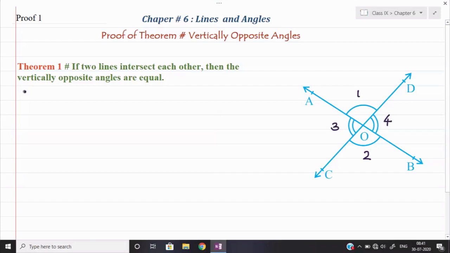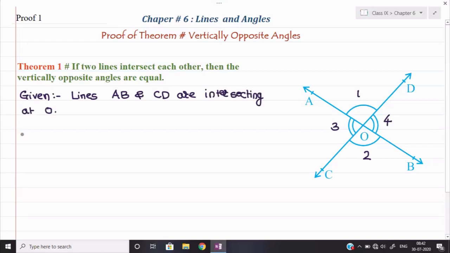Now let us see. First, write down the given things in this question. I should say, actually it is a theorem. Given: lines AB and CD are intersecting at O. Now, what do we need to prove in this theorem?